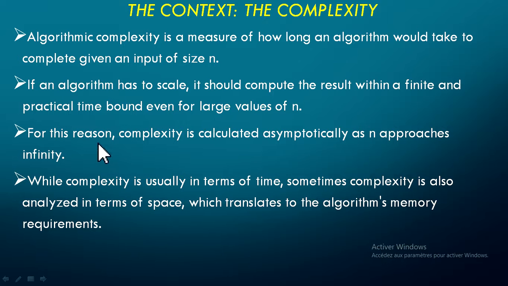For this reason, complexity is calculated asymptotically as n approaches infinity. While complexity is usually in terms of time, sometimes complexity is also analyzed in terms of space, which translates to the algorithm's memory requirements.